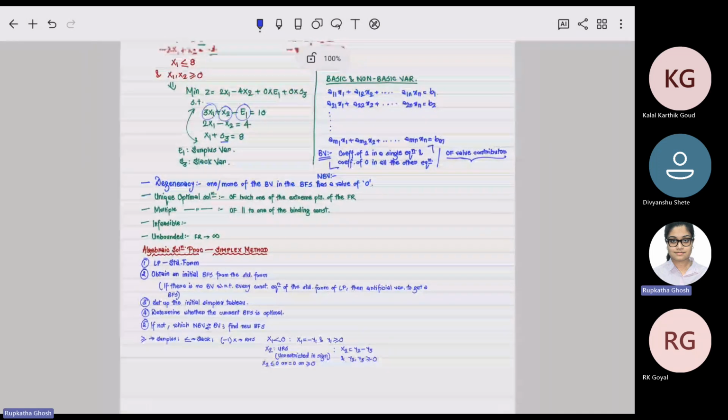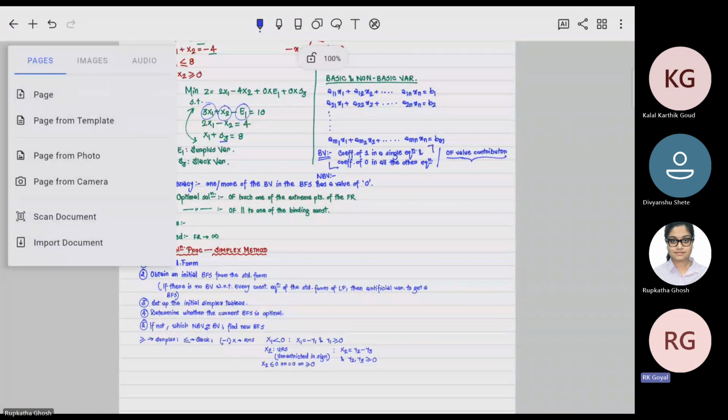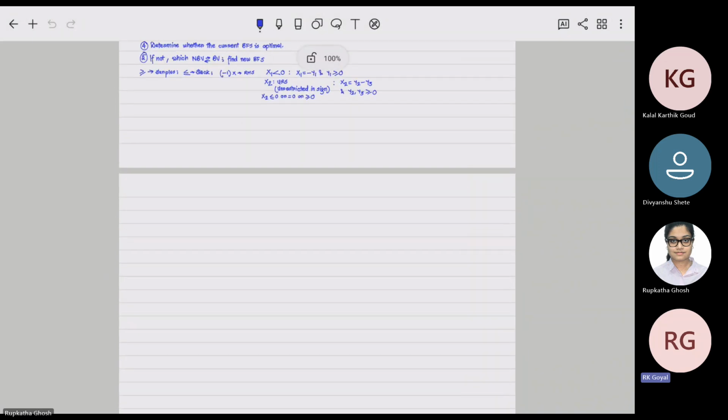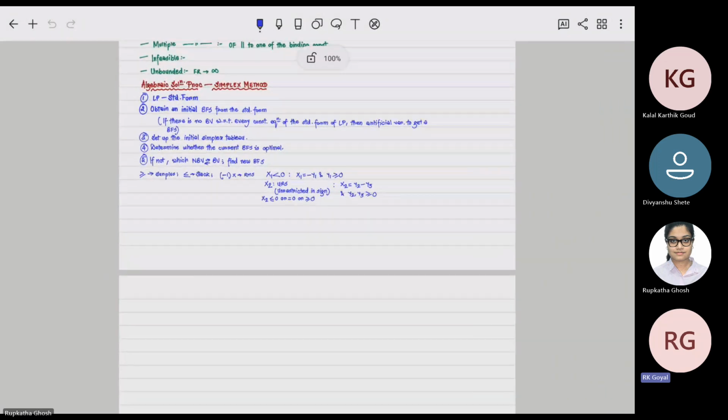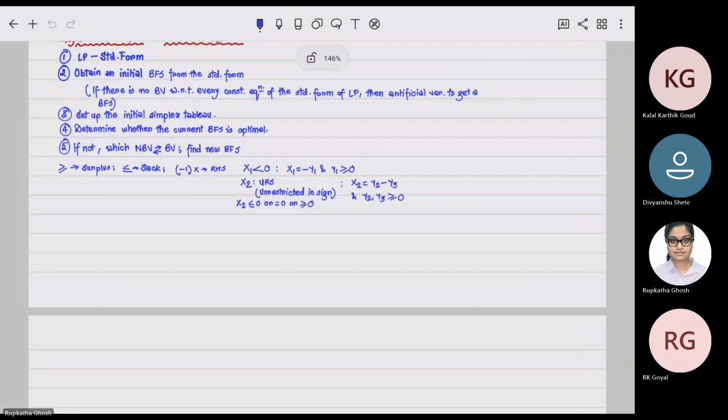So in this example you gave, say y2 is equal to 5 and y3 is equal to 6. So then x2 is -1, and its value is negative, but then the imposed restriction is that all the variables should be non-negative, isn't it? Yes, ultimately. So is it correct or incorrect? What is correct or incorrect?